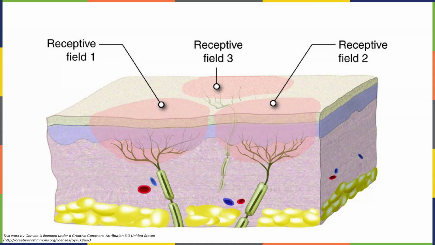Now that we've identified the different sensory modalities, let's look at how a stimulus is detected by a sensory receptor, a process called sensory transduction. Each receptor monitors a particular receptive field, which is simply the area of the environment that it's responsible for detecting.